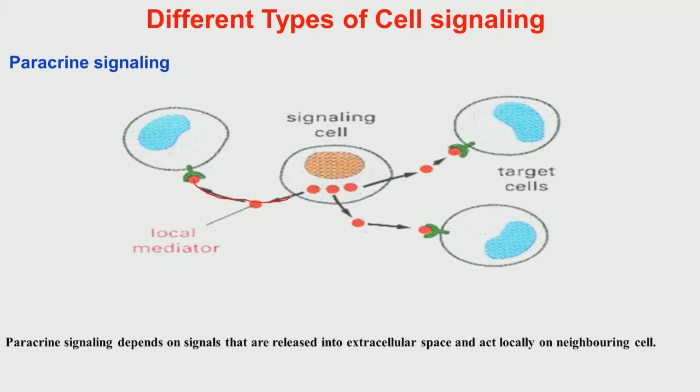Paracrine means it goes by diffusion. This is your source cell or signaling cell, and these are your target cells. There are 3 target cells here, target cell number 2, target cell number 3, and from the source cell the small signaling molecules are transported slowly to the target cells.